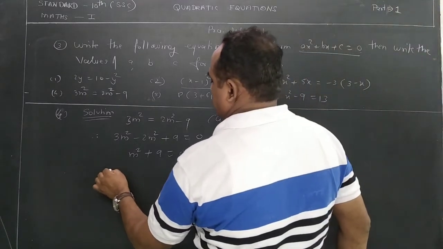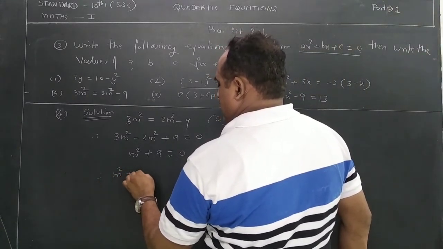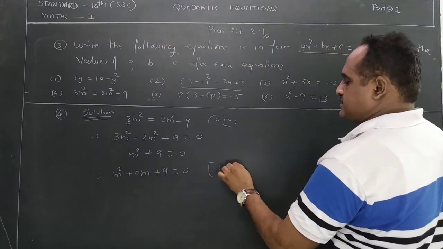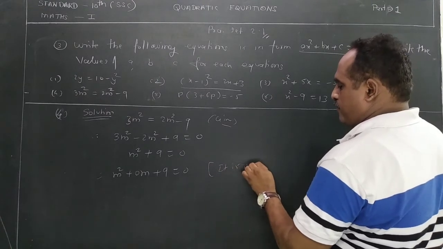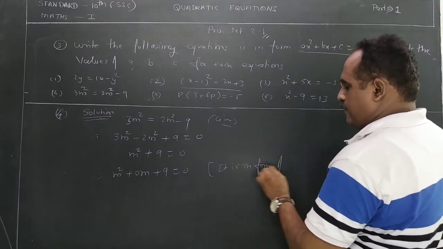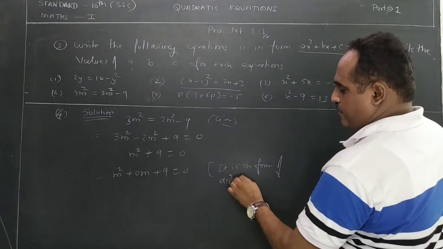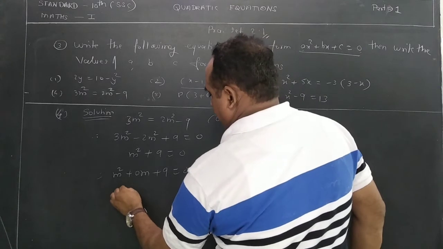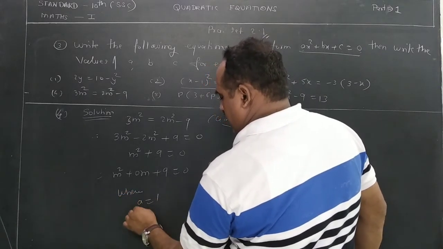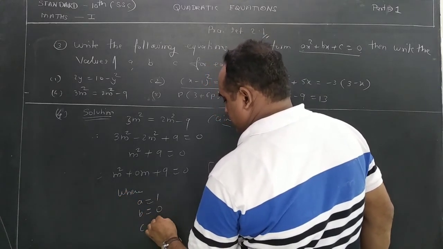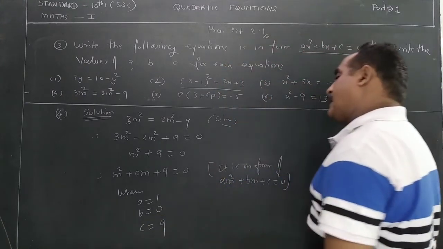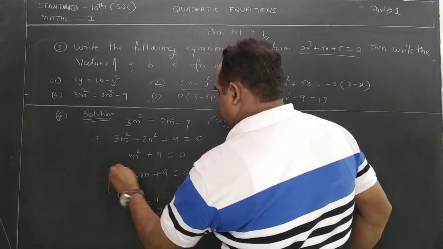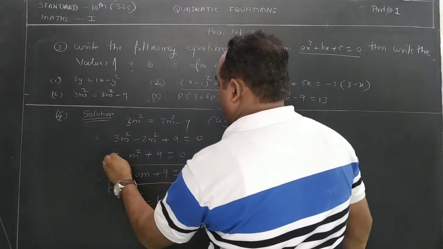So what are you going to write then? m square plus 0m plus 9 is equal to 0. It is in the form of am square plus bm plus c is equal to 0, where a is equal to 1, b is equal to 0 and c is equal to 9. Copy this down by putting it in a box and sign properly.